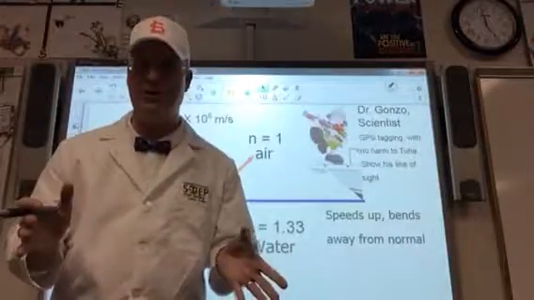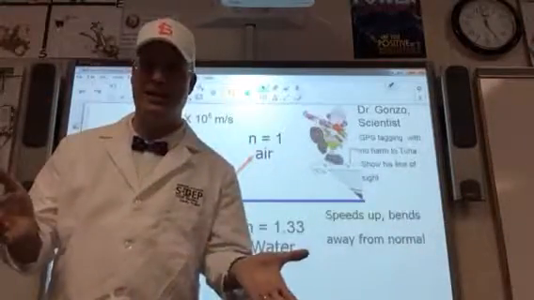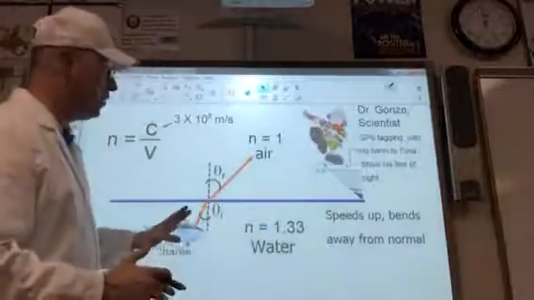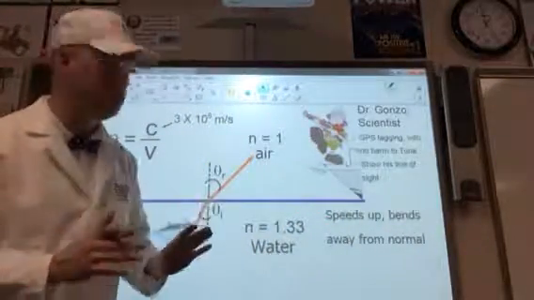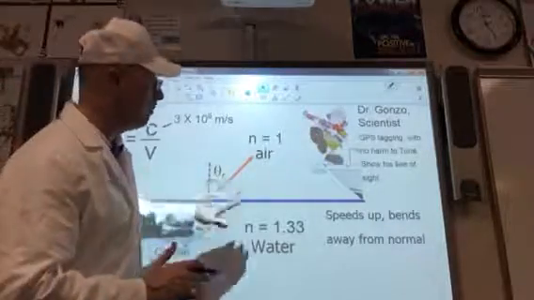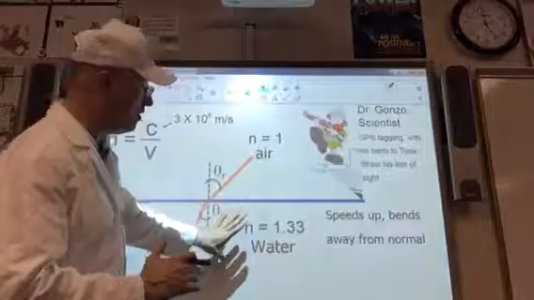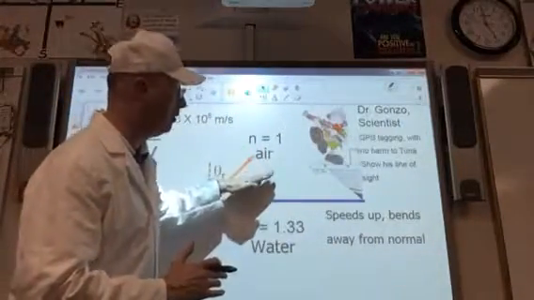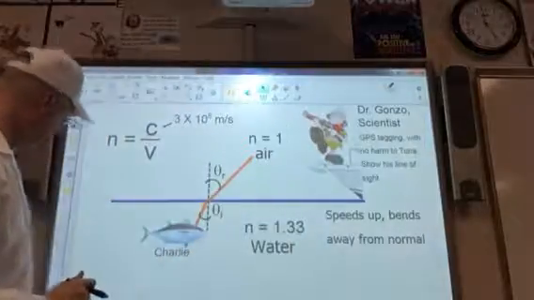Try running in water sometime and see how much it slows you down compared to air. Same idea. So as light speeds up going from water to air, it's going to bend away from normal.